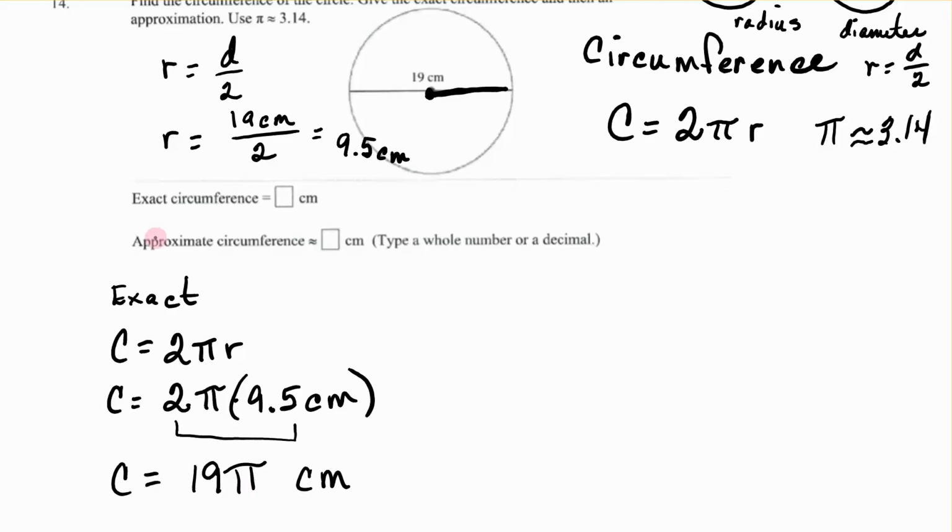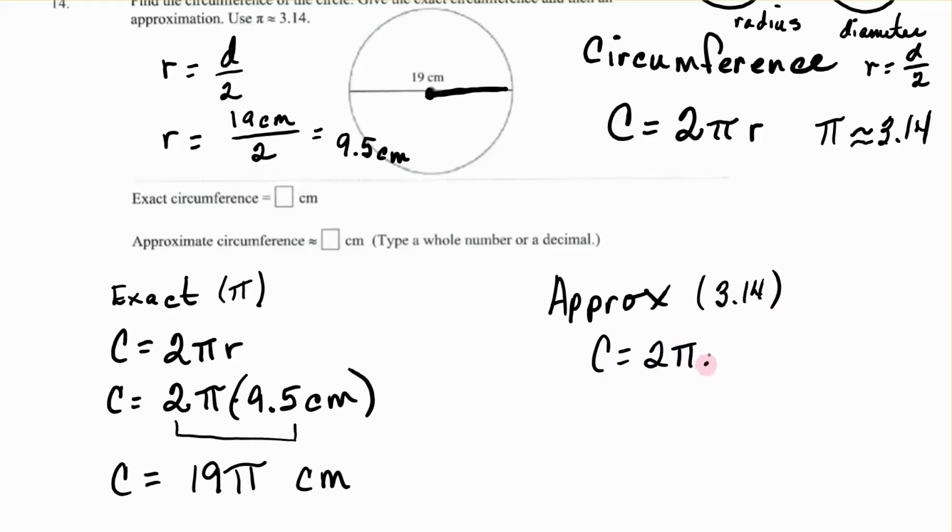Next, you're going to find the approximate. Approximate, you're going to use 3.14. So exact always keeps the pi. Approximate uses 3.14. So you need to remember that. Same formula, C is equal to 2 pi r. So C is equal to 2 times the approximate 3.14 times the radius, which is 9.5 centimeters.